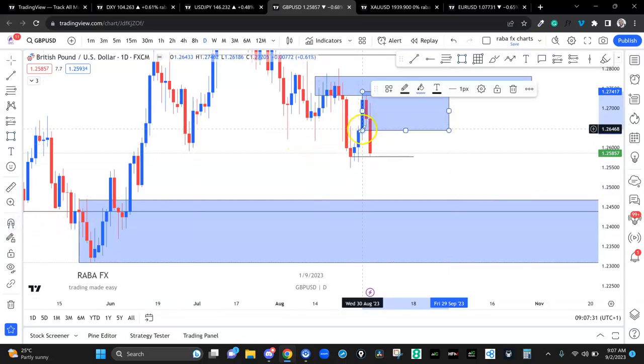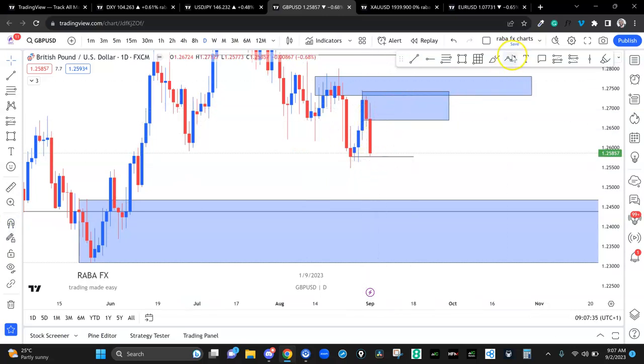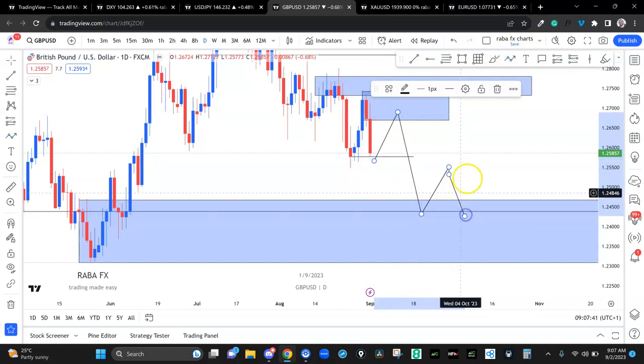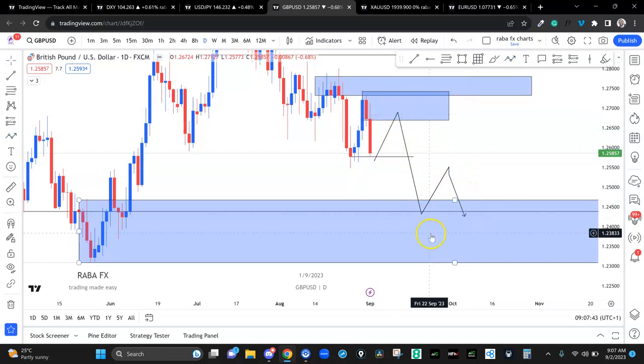Wait for price to trade into this zone here for a good risk to reward. So something like this, yeah, and then we move to this point. Sorry for that. So from here we move to this point for a nice trade.